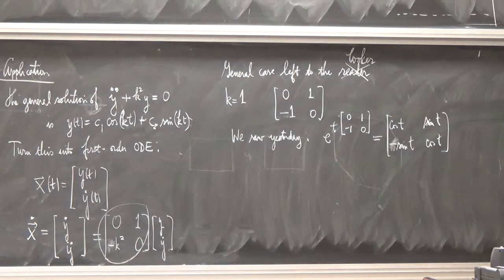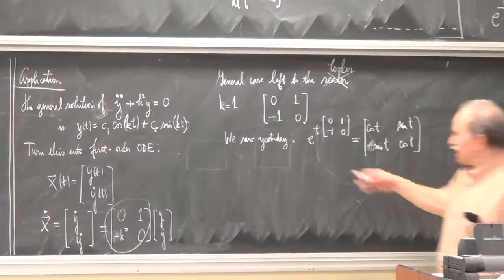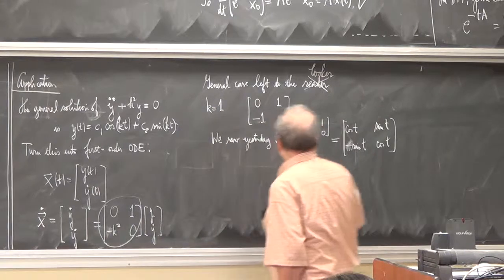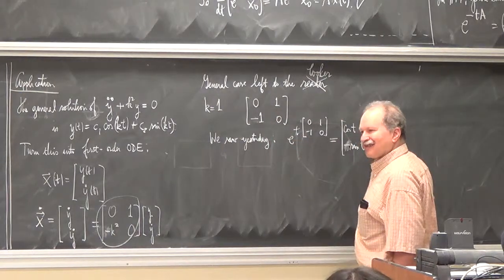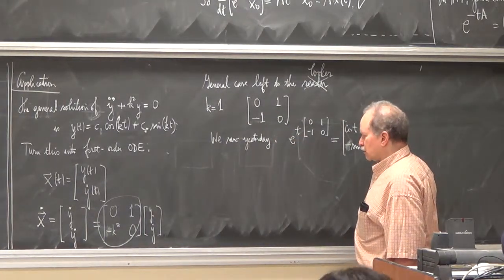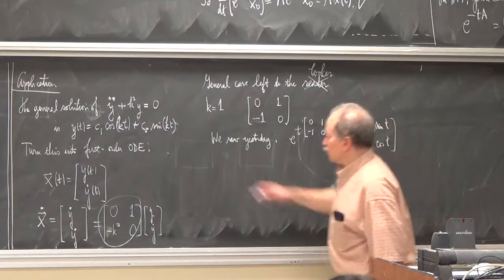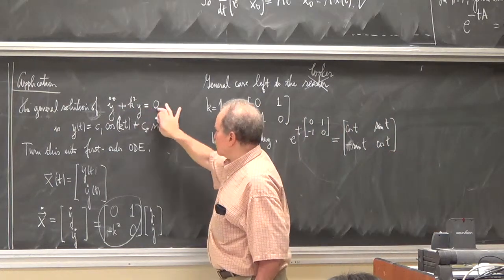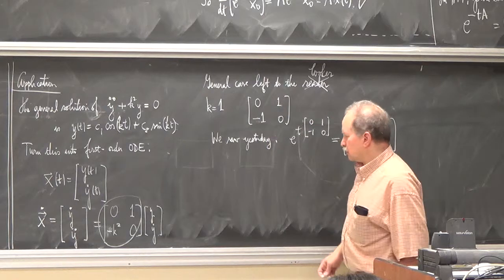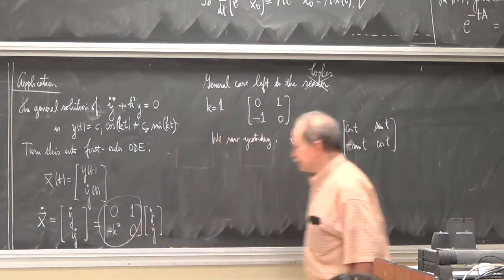So we did this yesterday explicitly. And if you keep track of the k squared here, you are in fact going to end up with kt's. Is that k equals 1 or k equals 0? 1. Right? Y double dot plus y equals 0. I want k equal 1.